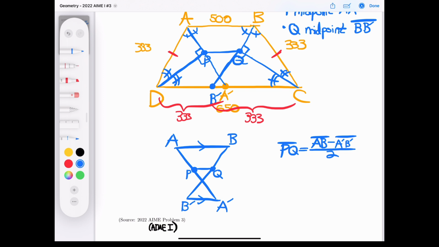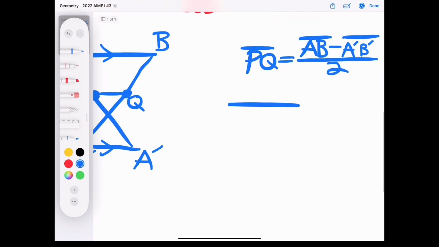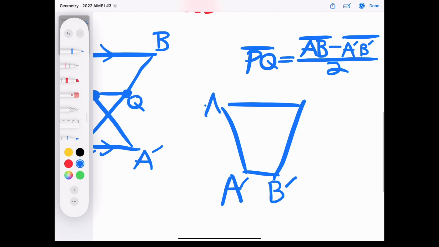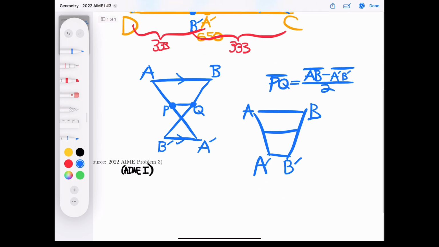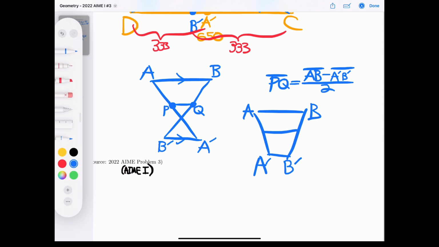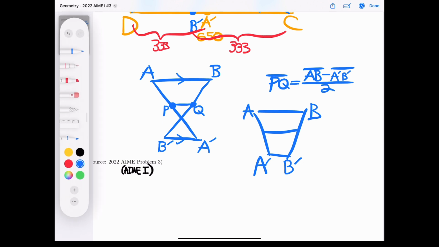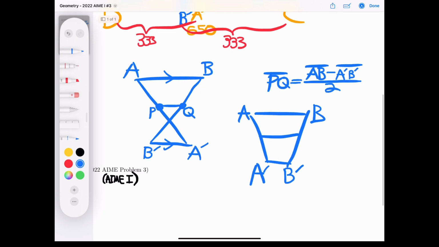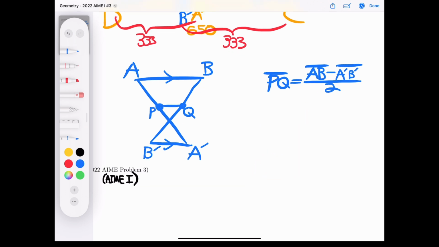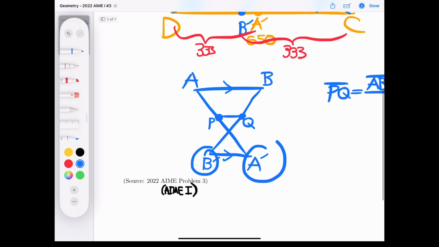So the weird thing that's happening is, if it was uncrossed like this, and A prime was on the left, PQ would just be the midline of the trapezoid A prime, B prime, B, and so you'd get the average of AB and A prime B prime. But in this setup you get something slightly different because these are flipped.